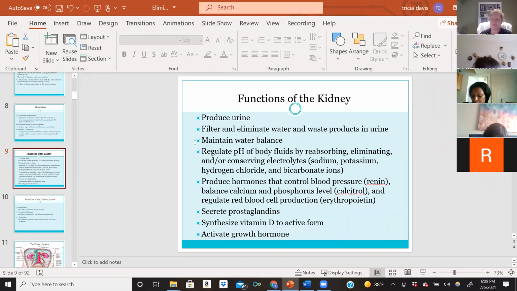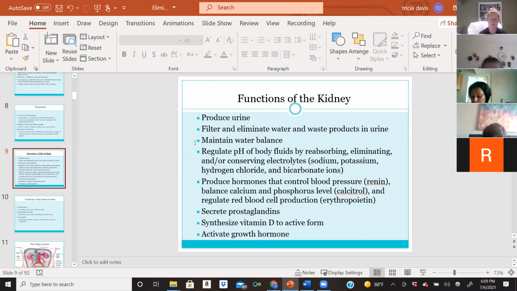It regulates the pH of our body fluids, either by reabsorbing certain things, eliminating certain things, or conserving. So electrolytes: sodium, potassium, hydrogen, chloride, and bicarbonate. It produces hormones that help control our blood pressure. So that's our renin. It helps balance calcium and phosphorus levels.